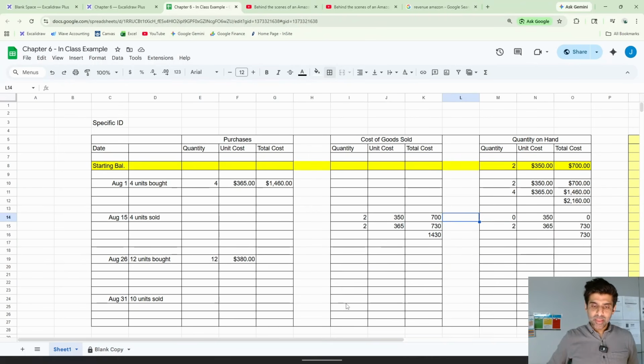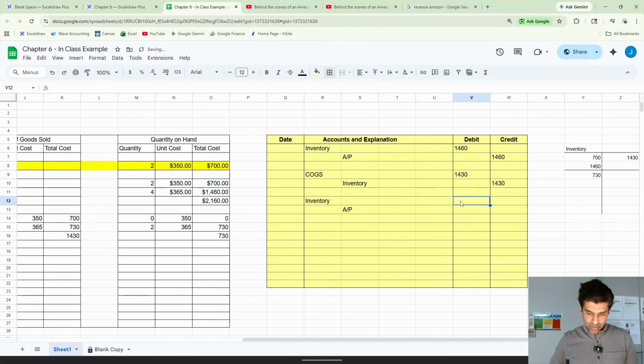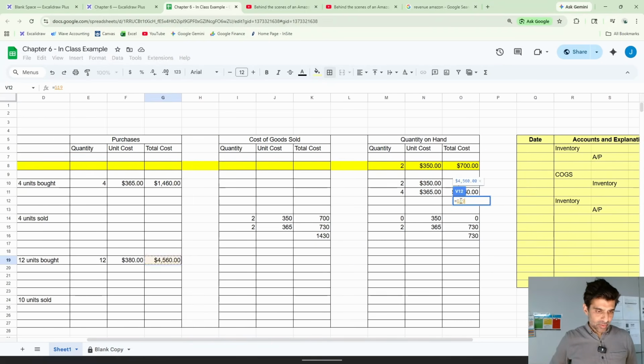Let's say this was our specific identification. We were able to know exactly which 4 were sold. Okay, so now we're buying 12 more. So the total value of this purchase transaction is this. Again, we would have the same journal entry here, and for the value, I could just do a cell reference.